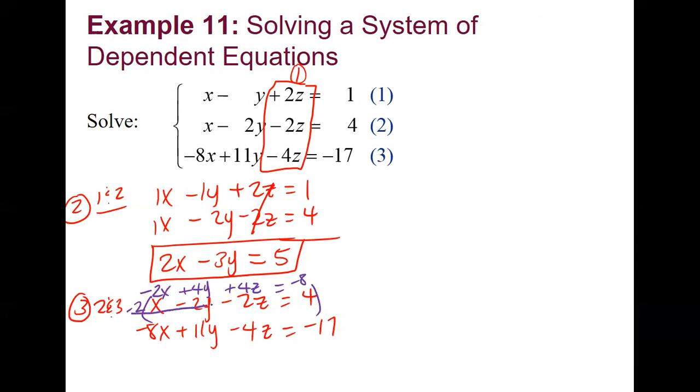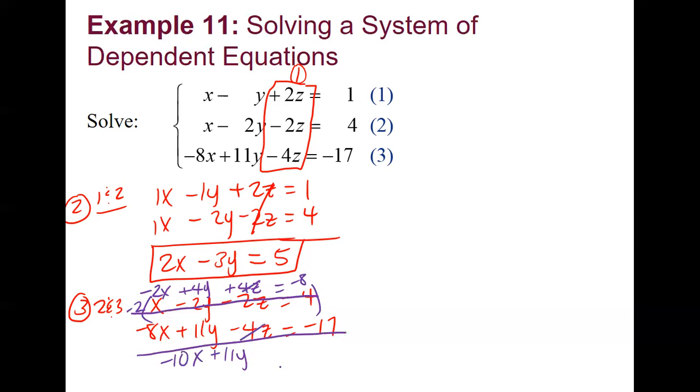You don't have to cross out, but I like to cross out so that I know I'm done with it. So I have -2x and -8x, and that's going to make -10x. I have positive 4y and positive 11y, and that makes, negative times a negative is a positive, right?